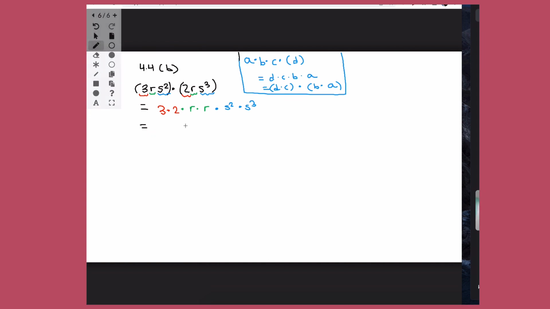So now you can simplify each of these groupings. So 3 times 2 is 6. R times r is just r squared. And s squared times s cubed would be s to the power 2 plus 3, which is s to the power 5. So this is just 6 times r squared times s to the power 5.